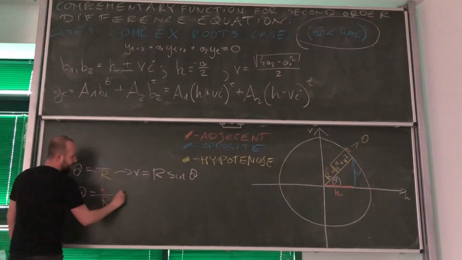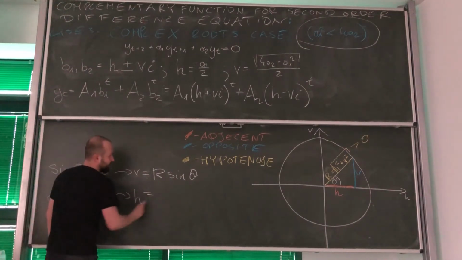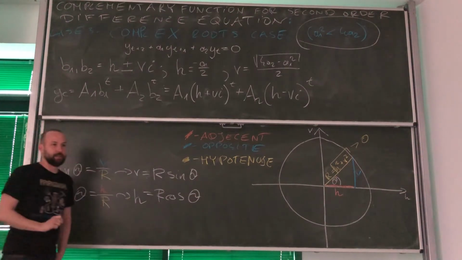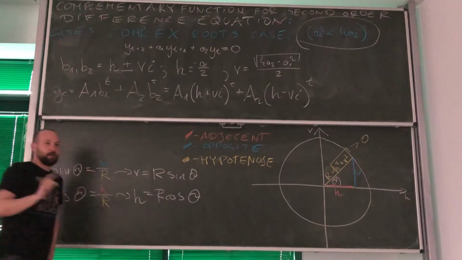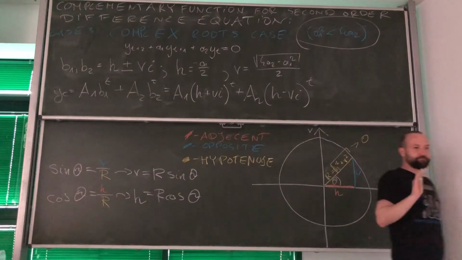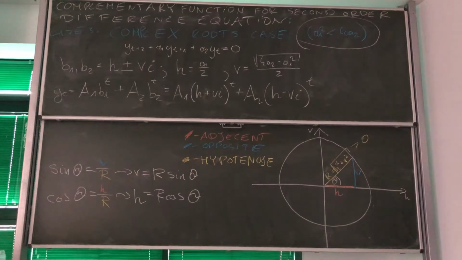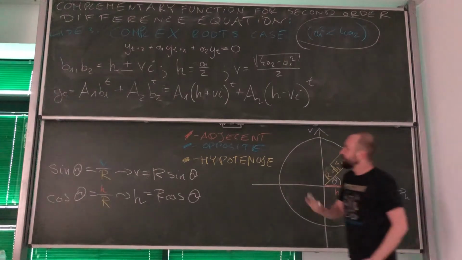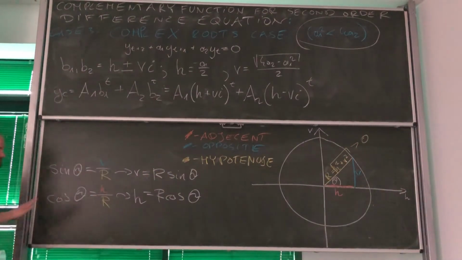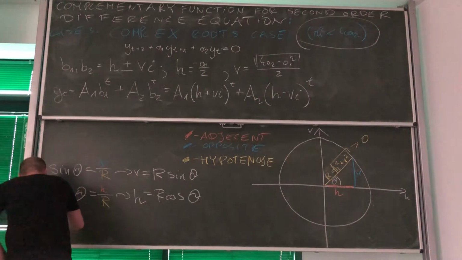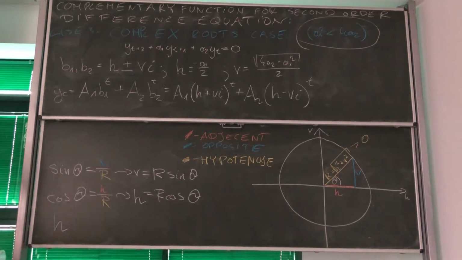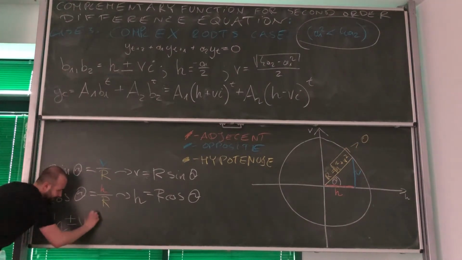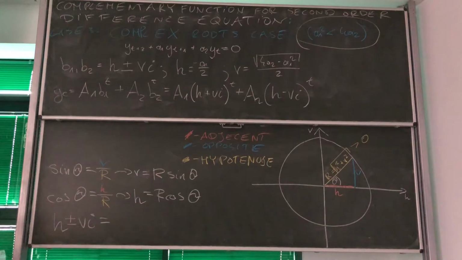And by the same token, out of here we get that h is equal to r times cosine theta. Okay, and look, this gives us a hint of what to do next with the expressions that we've got. Because look, now, knowing this, I can easily write that h plus minus vi is equal to what?